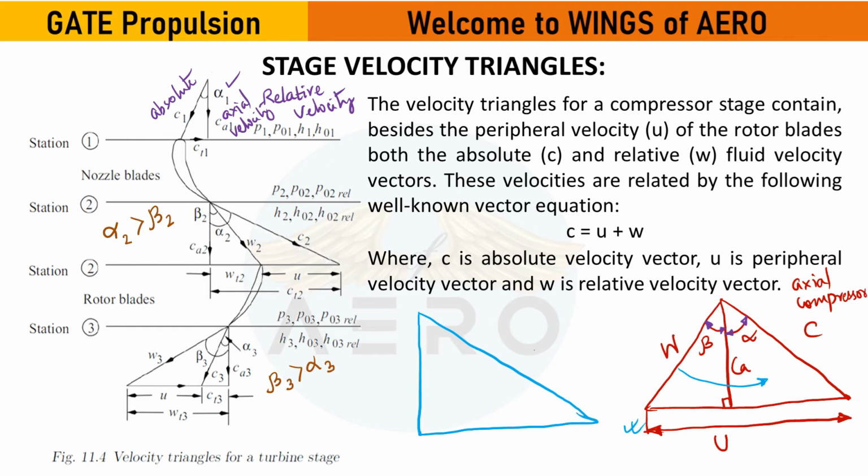If I draw only the angle alpha, that is the air angle, which is the larger one, this is C, this is CA, and the angle between the axial and the absolute becomes the blade angle, right?